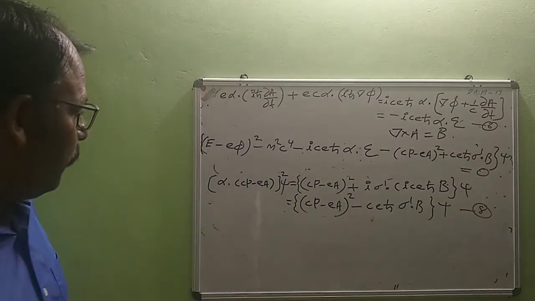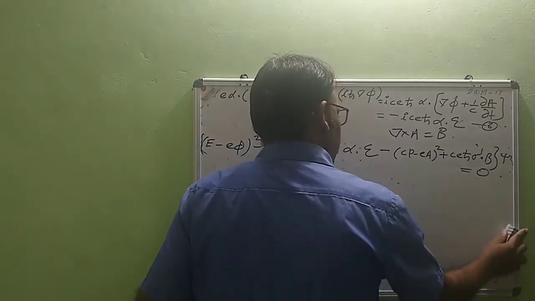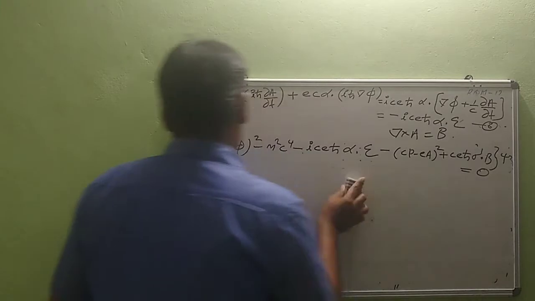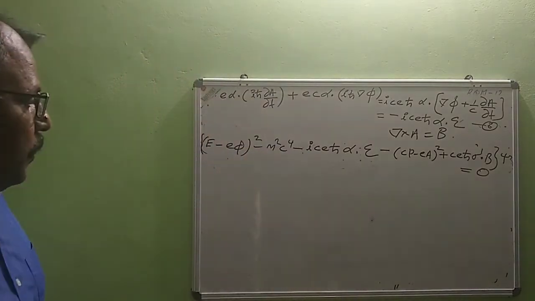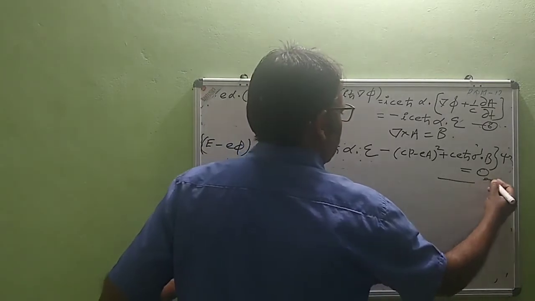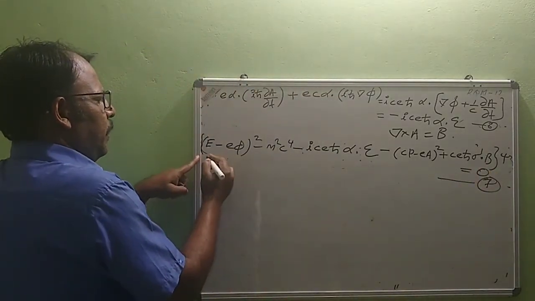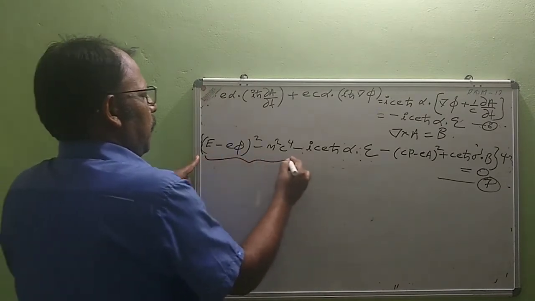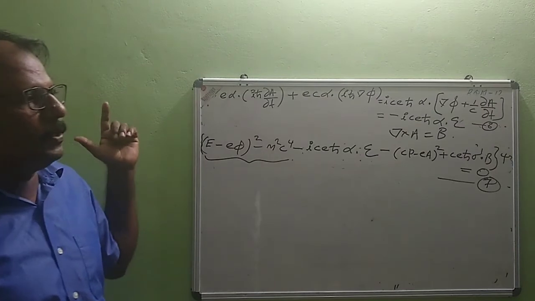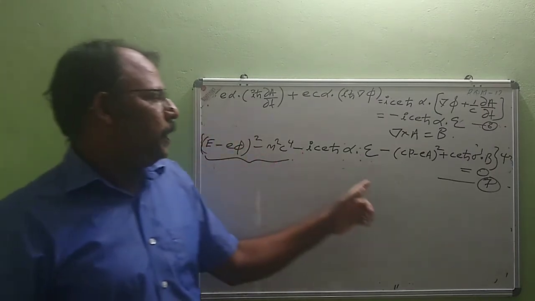So we have simplified that equation, where two new terms containing the electric field intensity E and the magnetic field intensity B appear. The other terms, E minus E phi the whole square minus m square c raised to 4, are identical with the Schrodinger equation for a free particle.